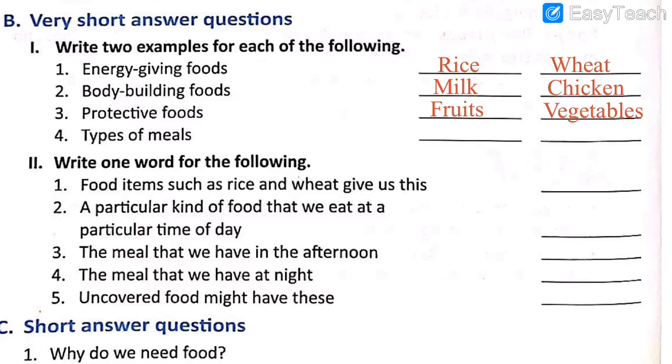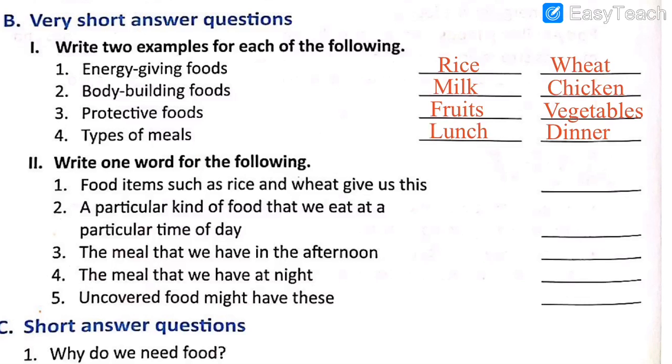Fruits and vegetables are the two protective foods that protect us from falling ill. Number 4, types of meals. We have 3 meals in a day: breakfast, lunch and dinner. From those 3, let's write the names of any 2 meals, as they have asked only 2 examples. So here are the 2 examples: lunch, dinner. Types of meals: lunch and dinner.